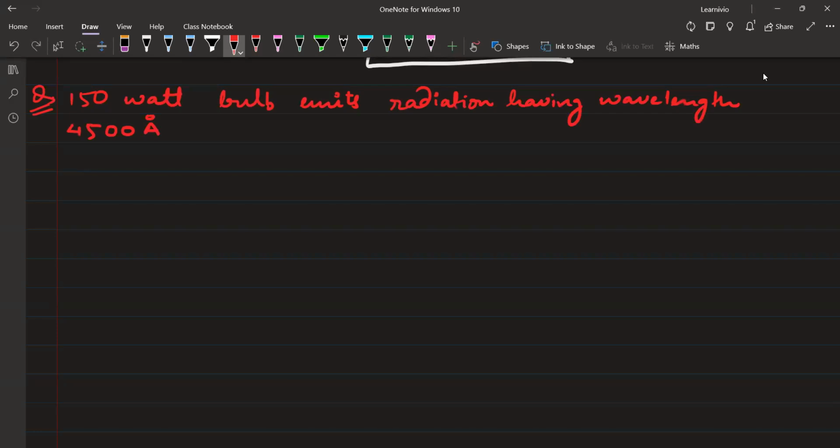Angstrom is written like this. Full stop. 8% of this energy is emitted by the bulb.